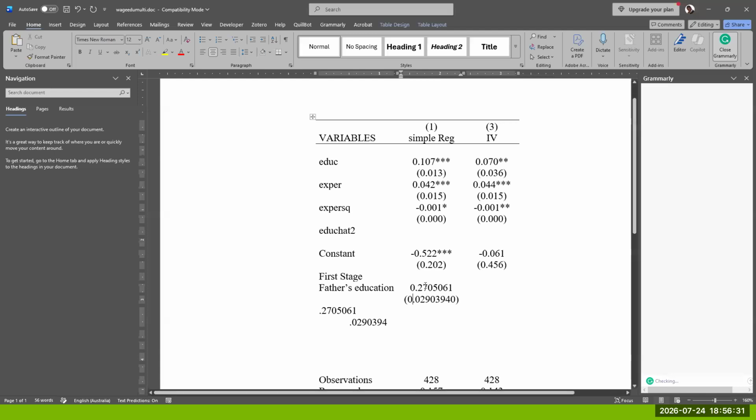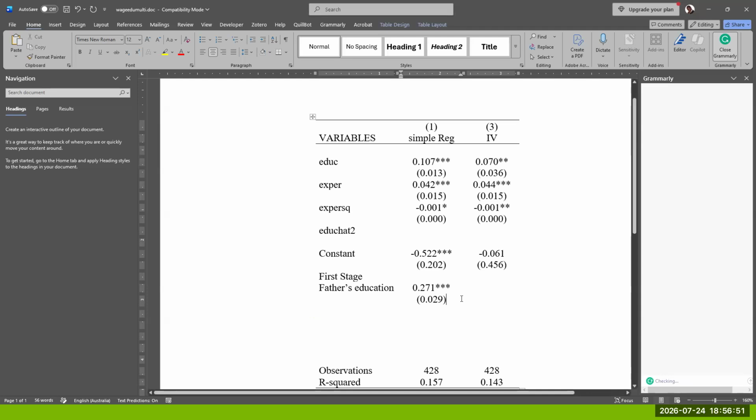This as 0, this as 0. Maybe you leave this by 1 decimal place. Since this was significant at 1%, you report that.